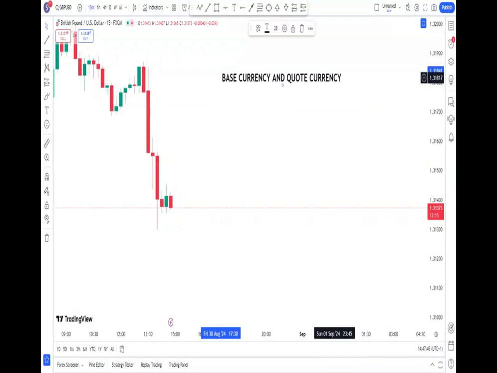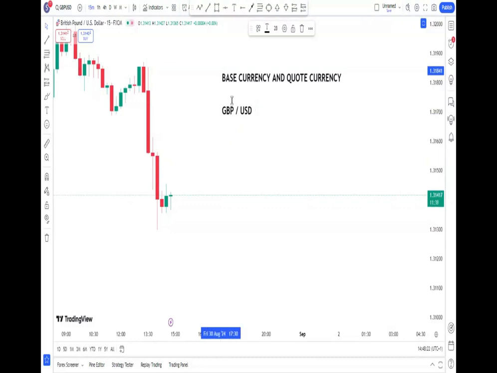Base currency refers to the first currency that appears in a currency pair, while the quote currency is the last currency. For example, we have GBPUSD. This GBP you are seeing is an abbreviation of a country, Britain.